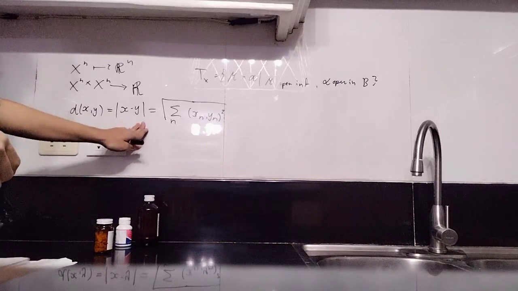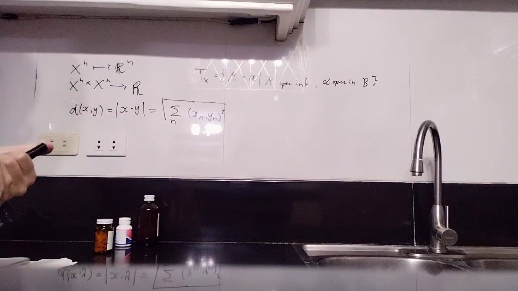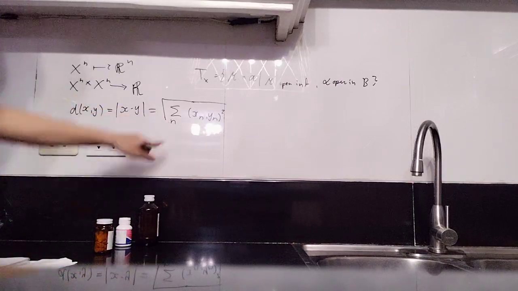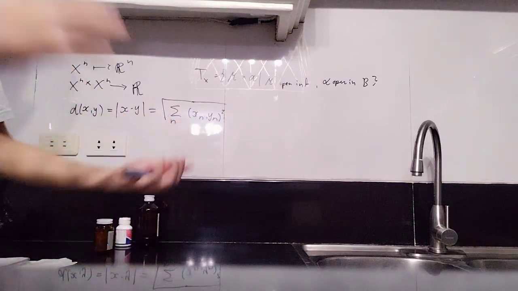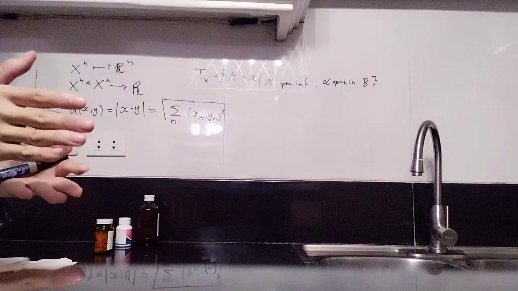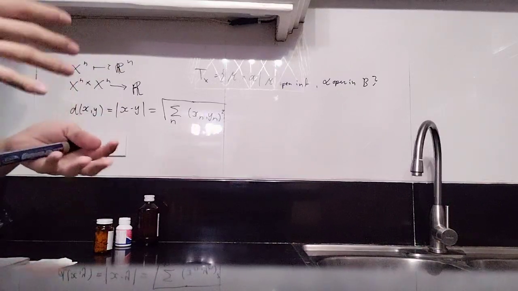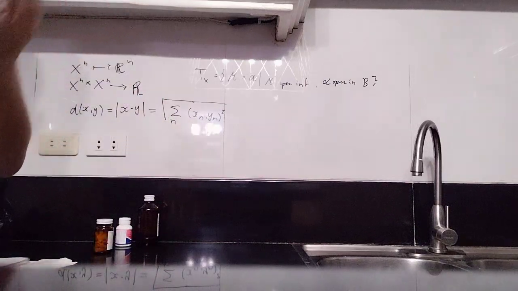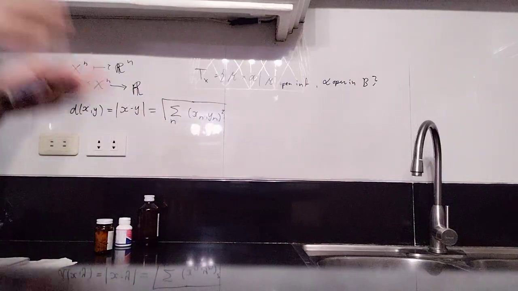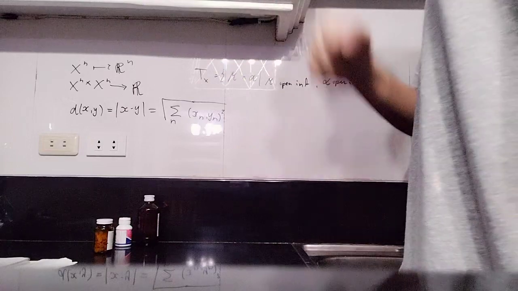I have one point, I have another point, and then I just take the distance between them, which is like if I have the x and y components, I mean x1 minus x2 squared plus y1 minus y2 squared, and then take the square root of that. You know, you guys know, elementary.